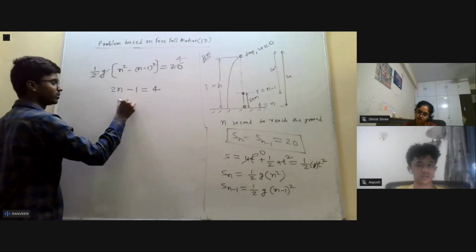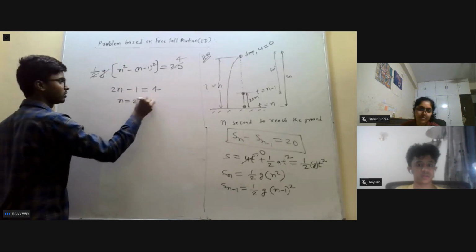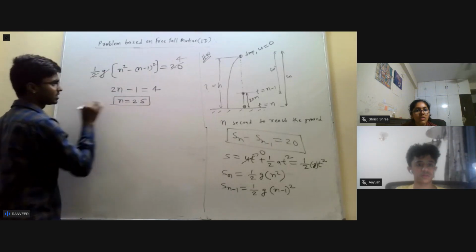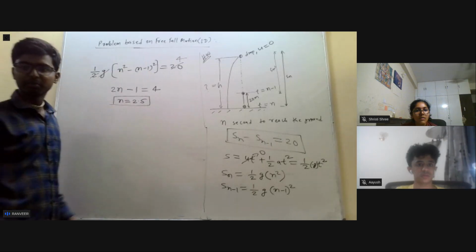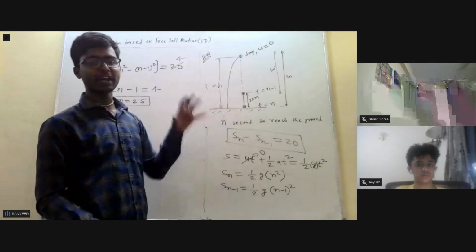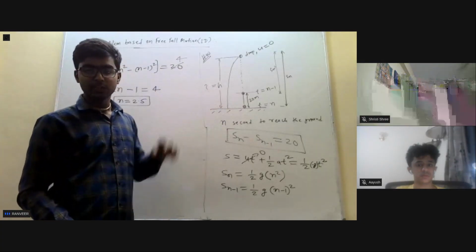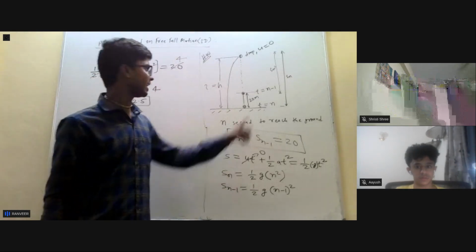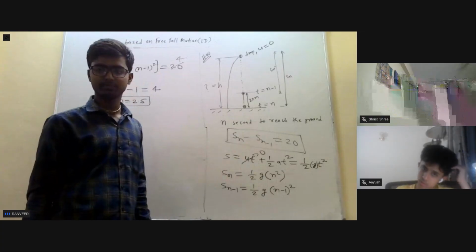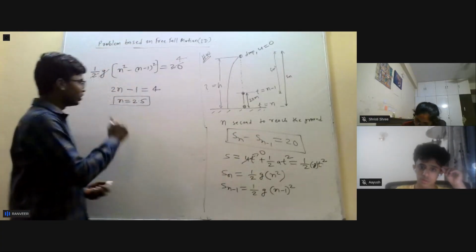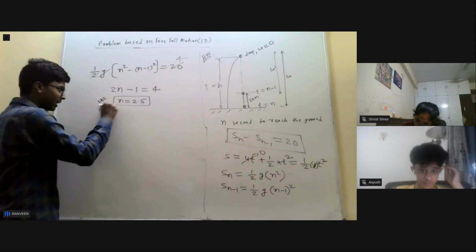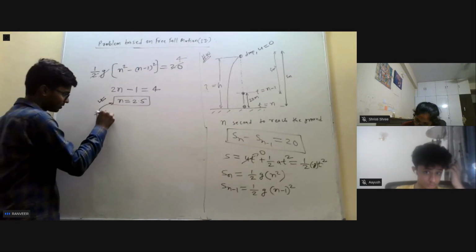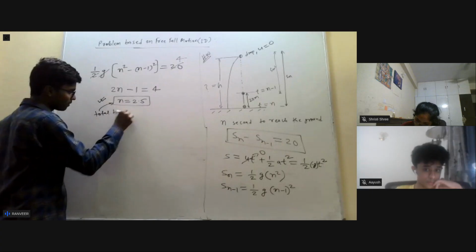So n equals 2.5. Everybody got this answer? It means it is hitting the ground in 2.5 seconds. So from 1.5 second to 2.5 second, it travels 20 meters. So we know what the total time is. This is the total time, or you can say time of flight.